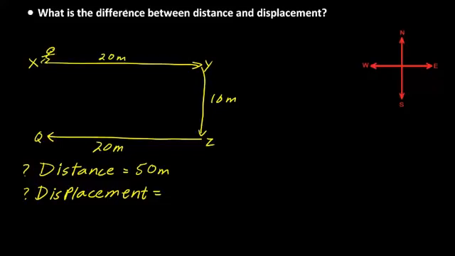And that is represented by this line right here. This would be your displacement. And your displacement in this situation looks to be just about 10 meters south. In other words, you are displaced 10 meters south of your starting point, of your origin. And so, there are the two answers: distance 50 meters and displacement 10 meters south.